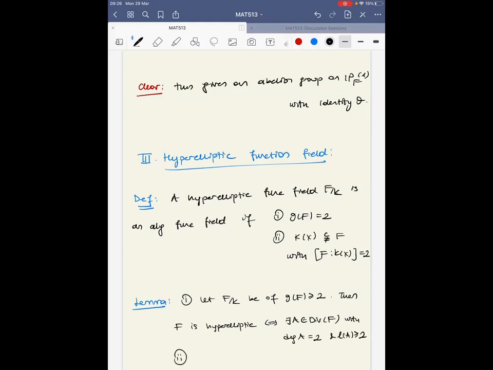Moreover, we will also see that every function field of genus 2 is hyperelliptic.